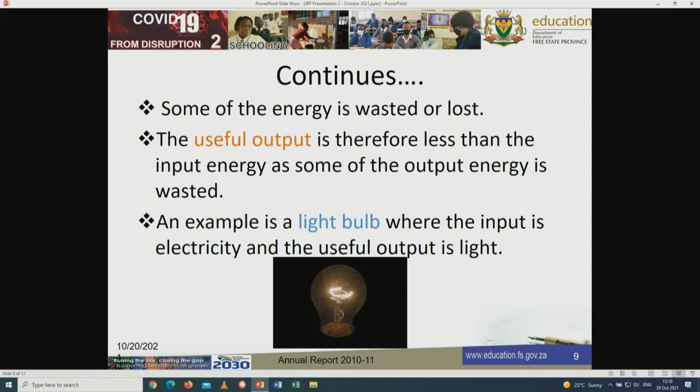Because the other energy will be released to the environment as wasted energy. If we put 100% here, we won't get the same percentage at the end, because the other part will be released to the environment.